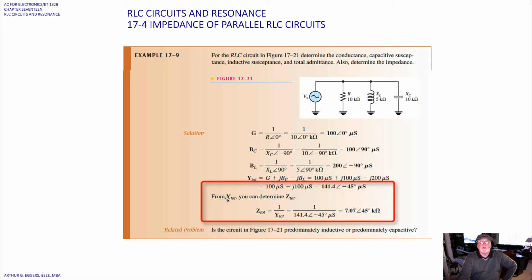So from the total admittance we can determine the total impedance. The total impedance is equal to 1 over the total admittance, which we have converted here to 141.4 at an angle of minus 45 degrees using the Pythagorean theorem and the inverse tangent.